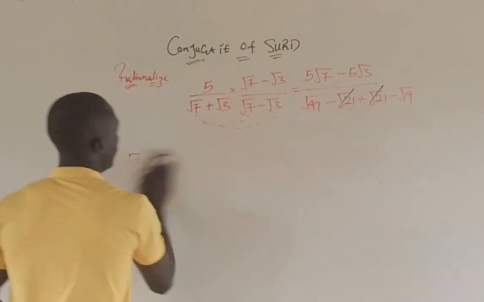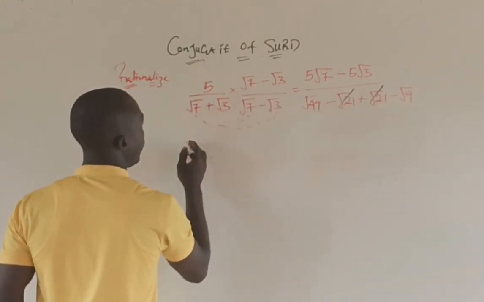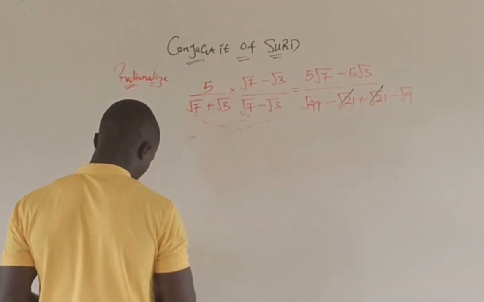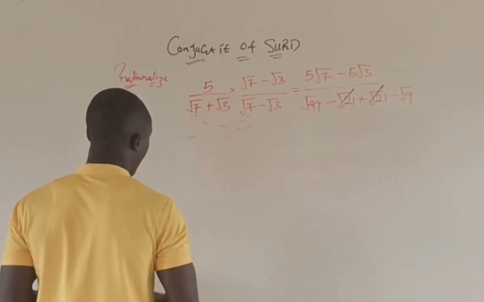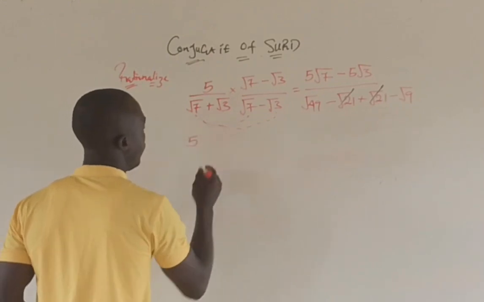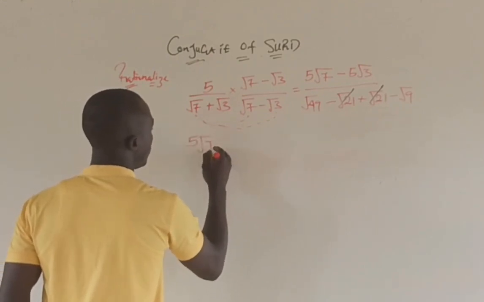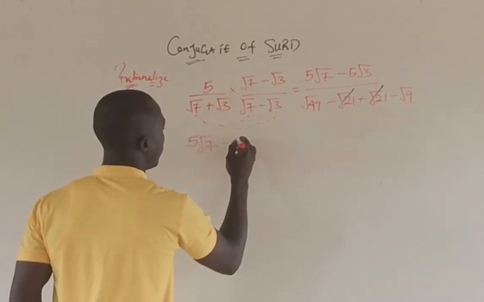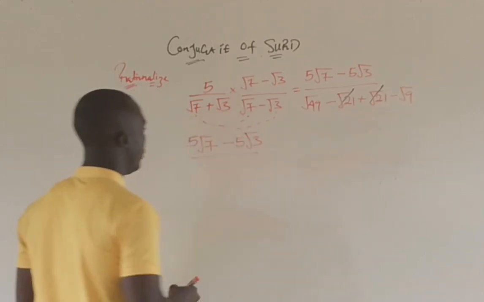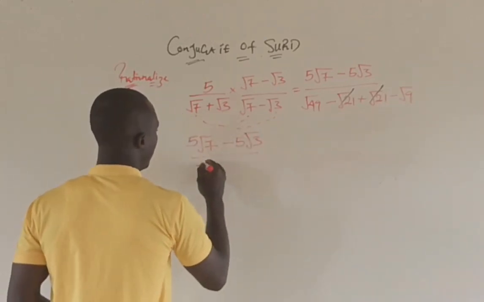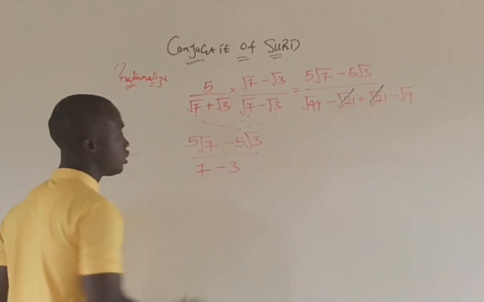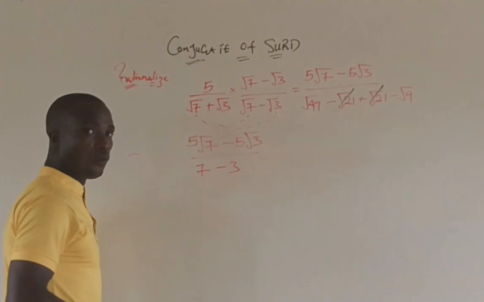So we move further. To bring it down, we have 5 root 7 minus 5 root 3 divided by 7 minus 3. 7 minus 3 here will give us 4.